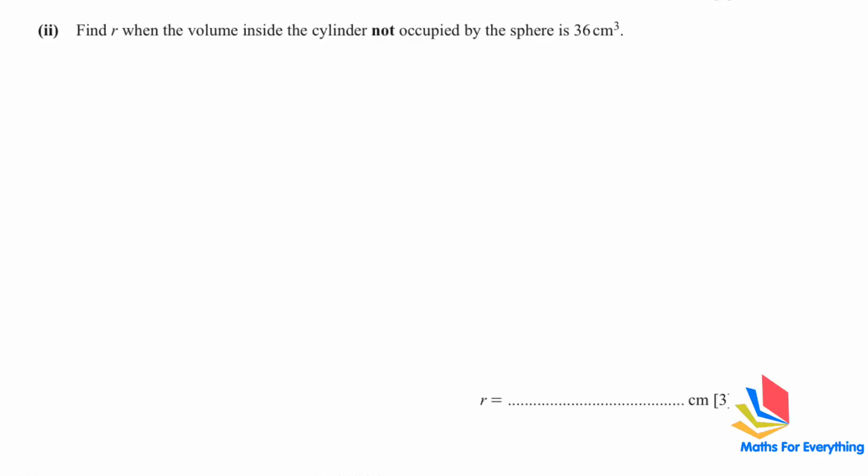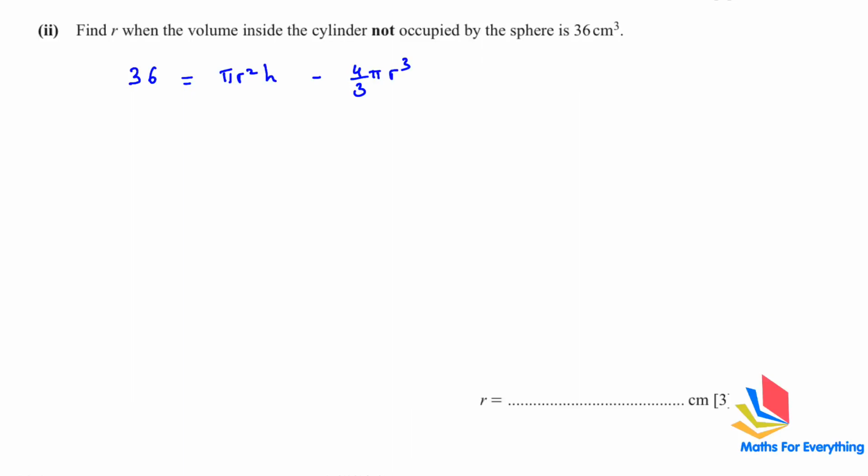We are going to use the same formula, that the volume is 36 and that will be the volume of the cylinder, which is pi r square h, minus the volume of the sphere, which is 4 over 3 pi r cube.